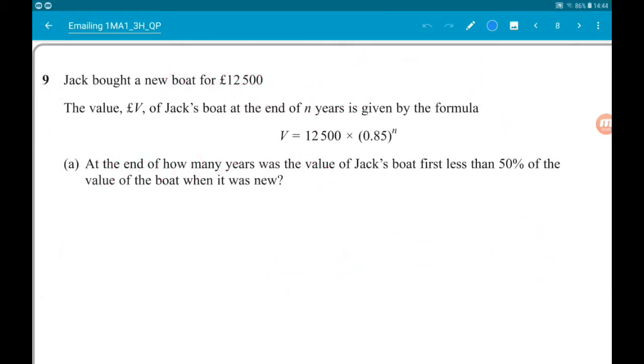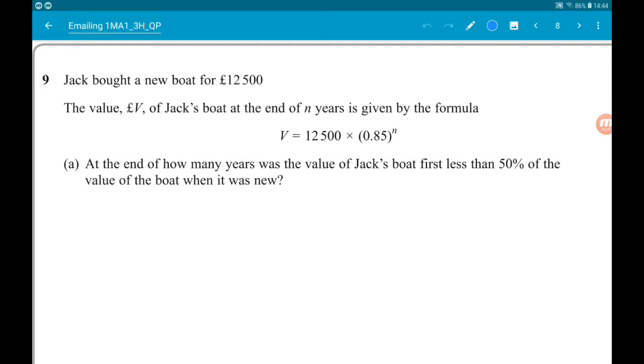Okay, number 9. Jack bought a new boat for £12,500. The value V pounds of Jack's boat at the end of n years is given by the formula V is 12,500 times 0.85 to the power of n.